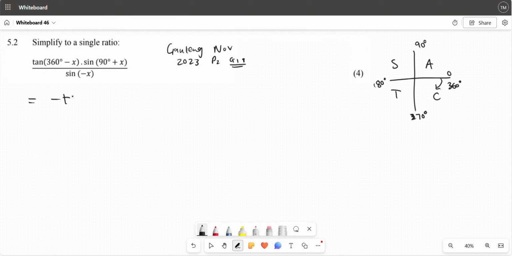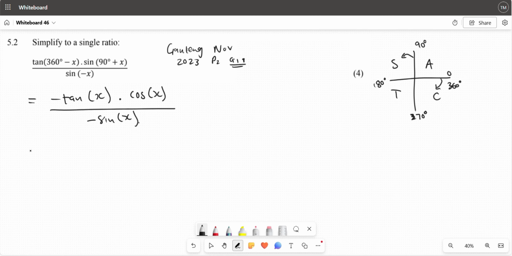So we have a negative tan with the x. The next one, 90 plus, sine is positive in this quadrant. So it ends up being a cos with an x. Remember, if it's 90 or 270, it has to change. Then sine with a negative angle just becomes a negative ratio.